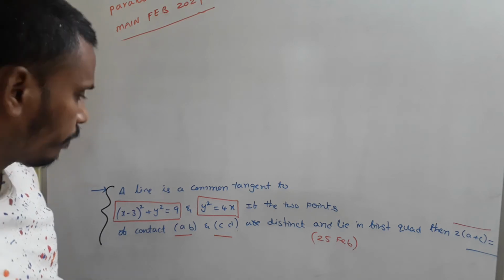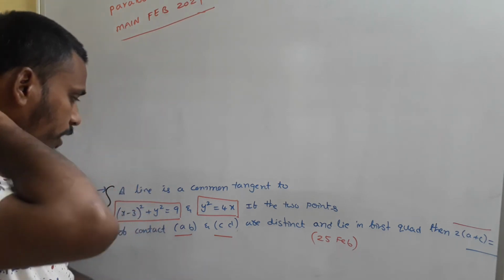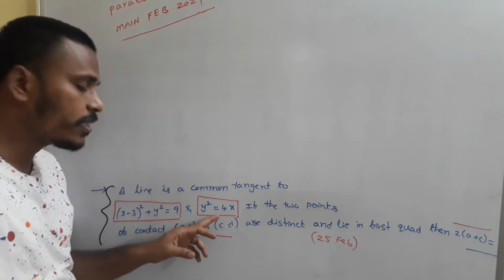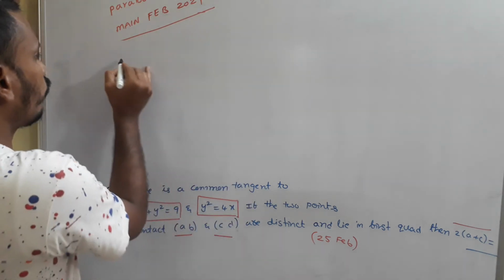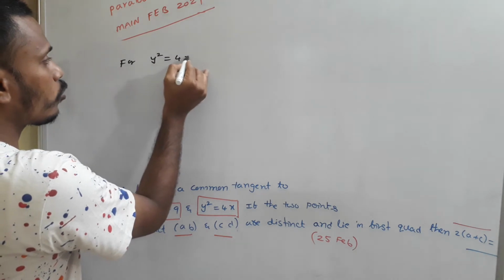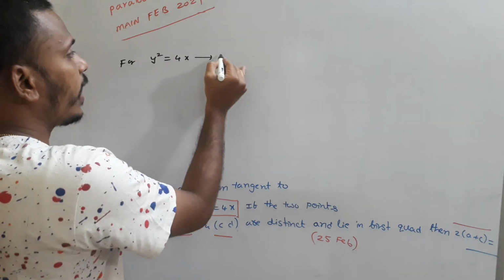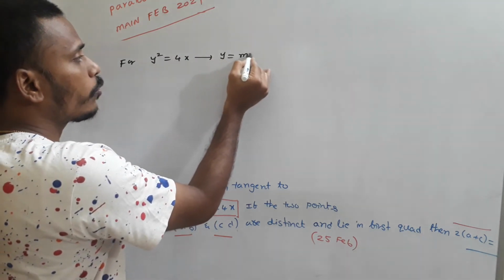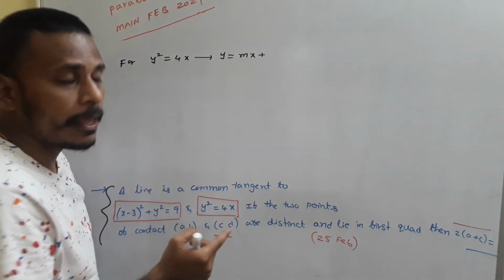Now first of all, the line is a common tangent. What is a common tangent for y² = 4x? As we learnt, for y² = 4x, the general form of the tangent equation is y = mx + a/m.